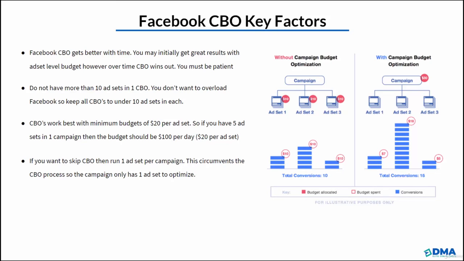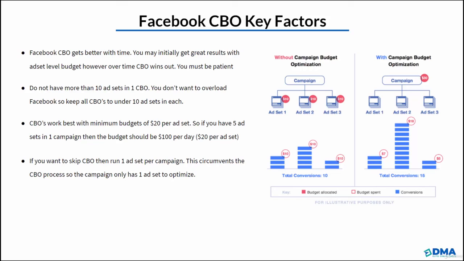However, keep in mind that Facebook is utilizing CBOs to allow the advertisers to get better results, better returns, because the AI technology is able to notice and realize, hey, this ad set number 2 over here is getting great conversions. It's getting a whole lot of action there. Let's go ahead and place the majority of our budget into this ad set because it's getting the highest return.